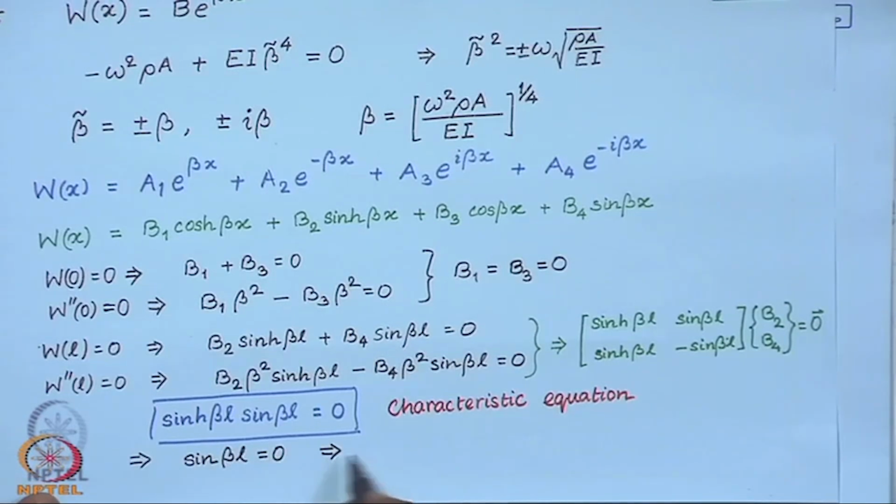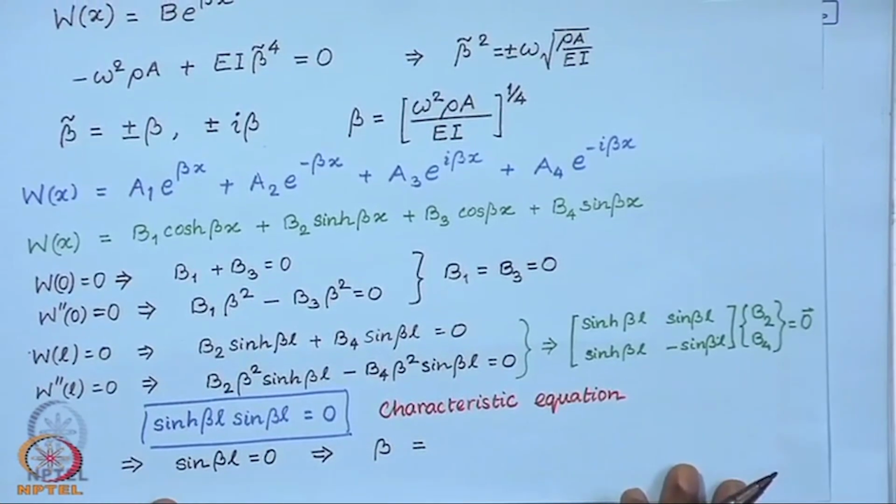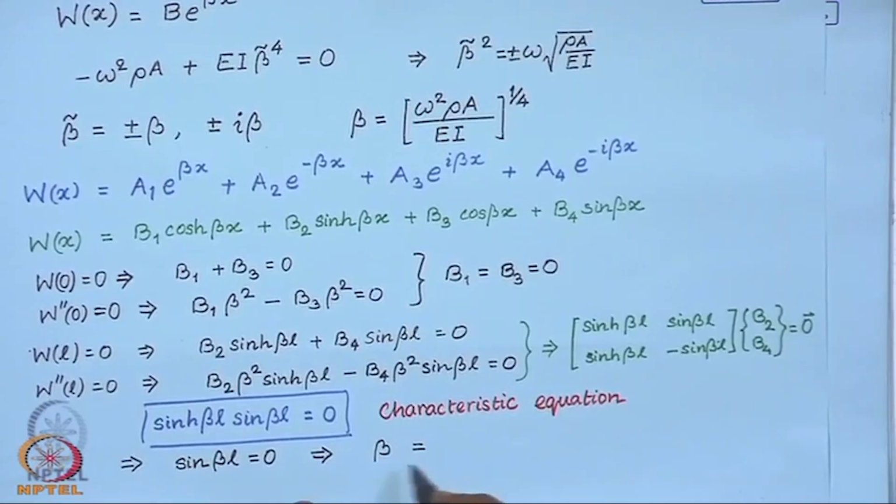And that implies, now this sin of beta L equal to 0, that can happen at infinitely many values of beta, which can be indexed.